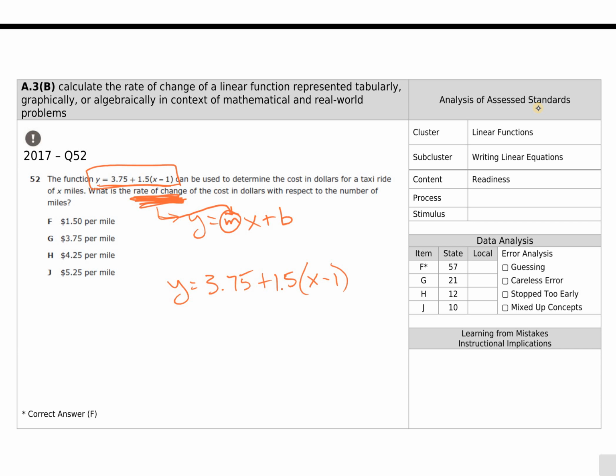So we need to move this around to get it into y equals mx plus b form. We have parentheses, so we have to distribute. y is equal to 3.75 plus 1.5 times x is 1.5x. 1.5 times -1 is -1.5. That's because a positive times a negative is negative.